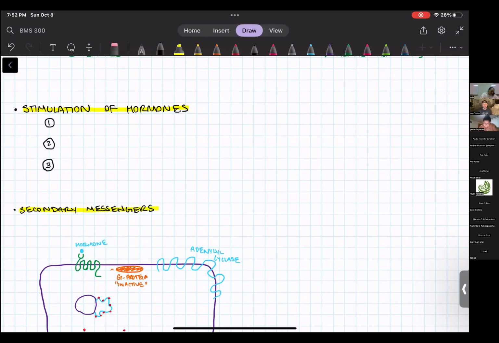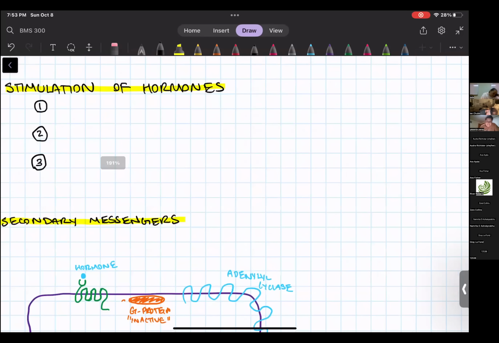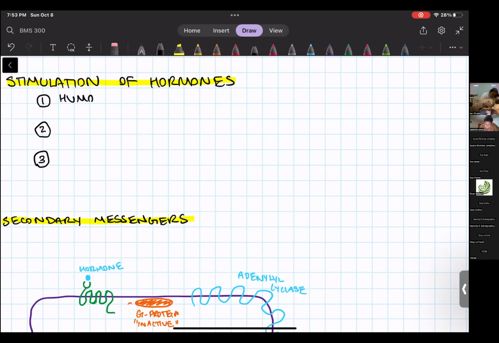Basically, when I say stimulation of hormones, just think of what will cause the hormone to be stimulated or released. We just have three broad categories: humoral, hormonal, and neural. Perfect. What is humoral? That's going to be a change in the extracellular matrix.